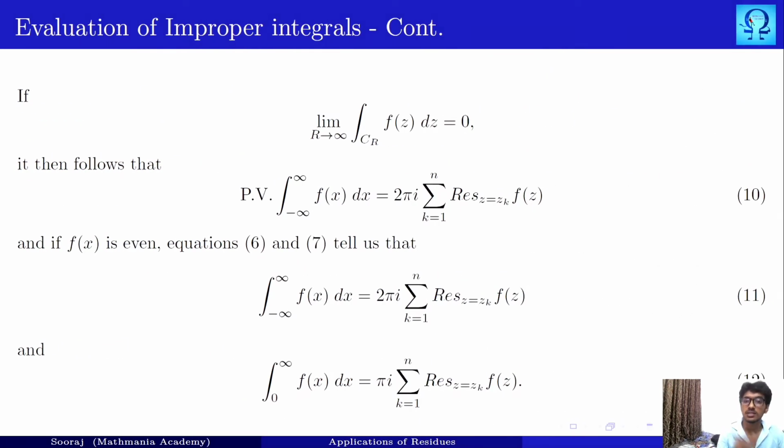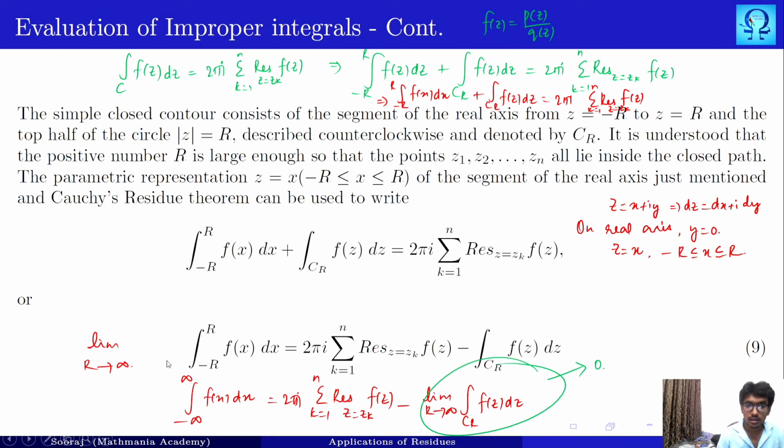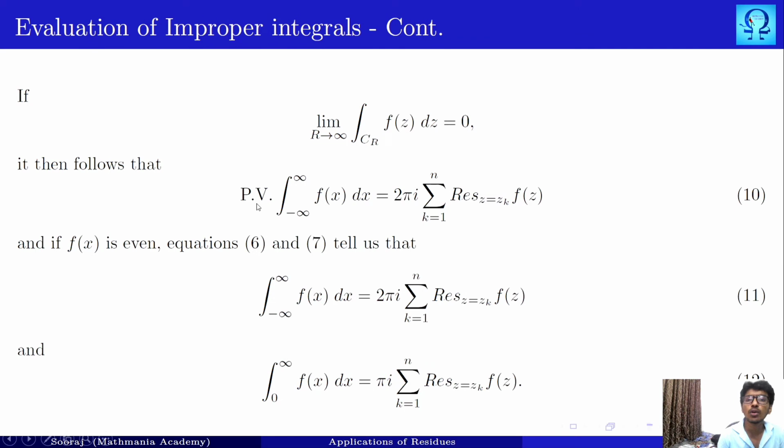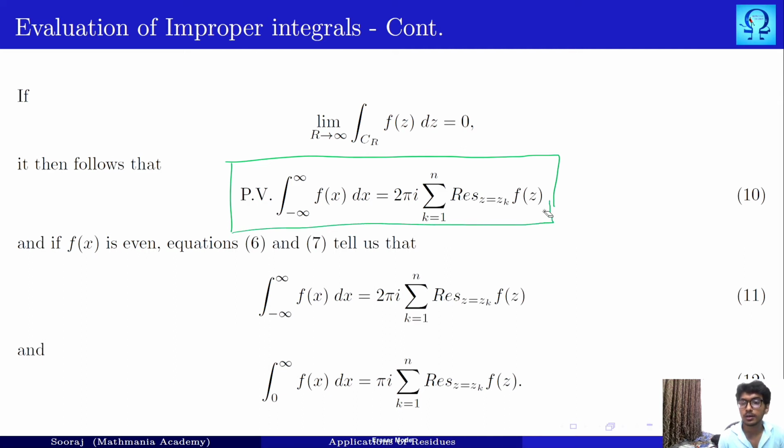Once we establish that, the Cauchy principal value of this part is equal to this one. We just proved that the Cauchy principal value of the improper Riemann integral is equal to 2 pi i times the sum of the residues of the function.